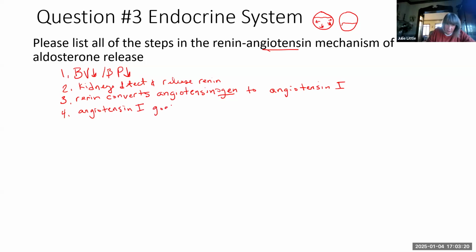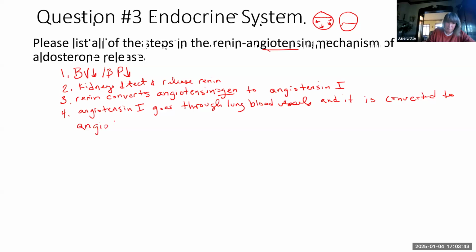Angiotensin 1 goes to the lung blood vessels and is converted to angiotensin 2. This is our big player. Angiotensin 2 is super important. Now, how did the lungs convert angiotensin 1 to angiotensin 2?